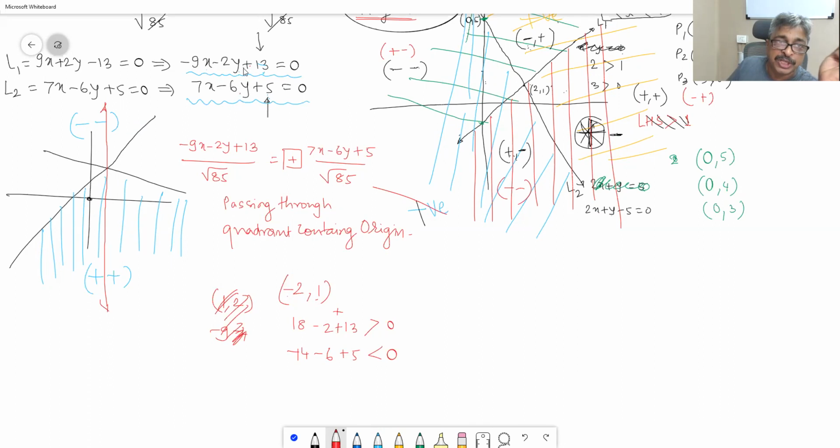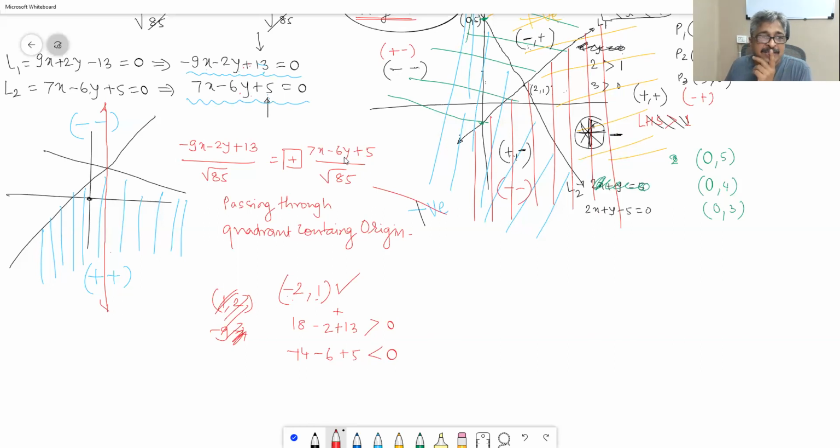However, if I put the origin, I get positive, positive. So minus 2 comma 1 is neither in the quadrant containing the origin nor the vertically opposite one. It is in one of the two remaining quadrants. Check whether you are understanding. I will explain this again tomorrow, but you need to sit and understand what we have discussed today.